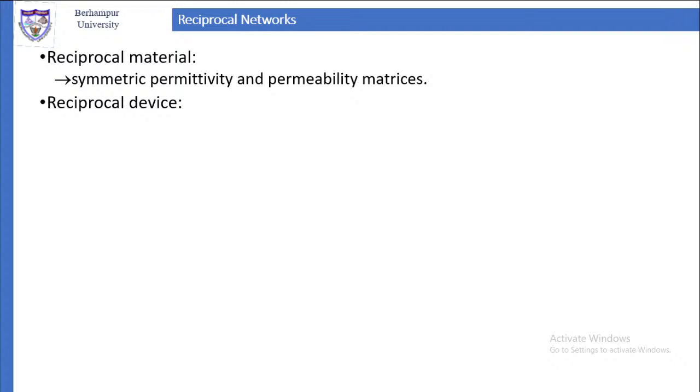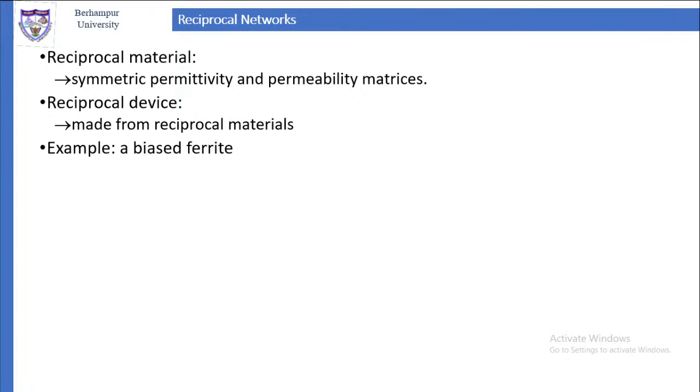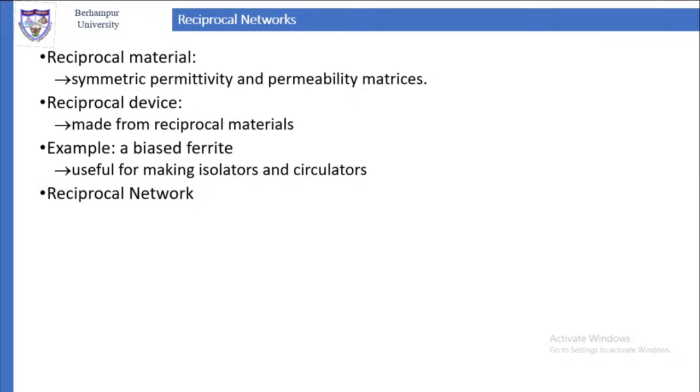Accordingly, reciprocal device is made up of reciprocal material. Example is a biased ferrite. This is useful for making isolators and circulators that we will study later. And similarly, following this, there is something called a reciprocal network.